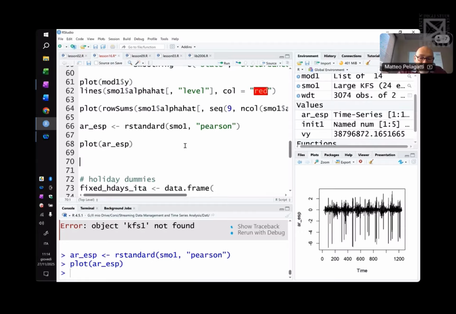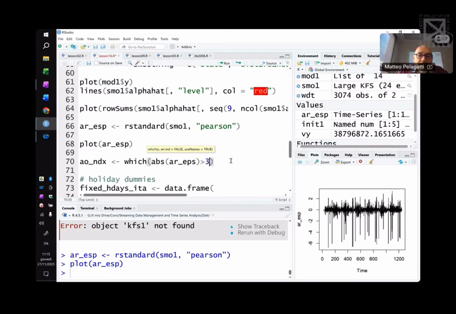So let's create a vector with the indexes of the additive outliers. So we can just go with which, the absolute value of this is larger than 3. Maybe we could even be more strict, like 3.5, whatever.